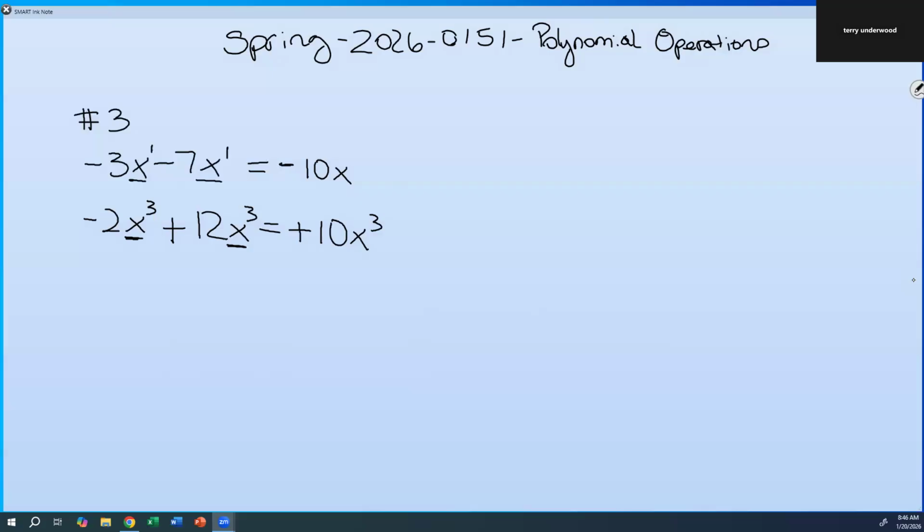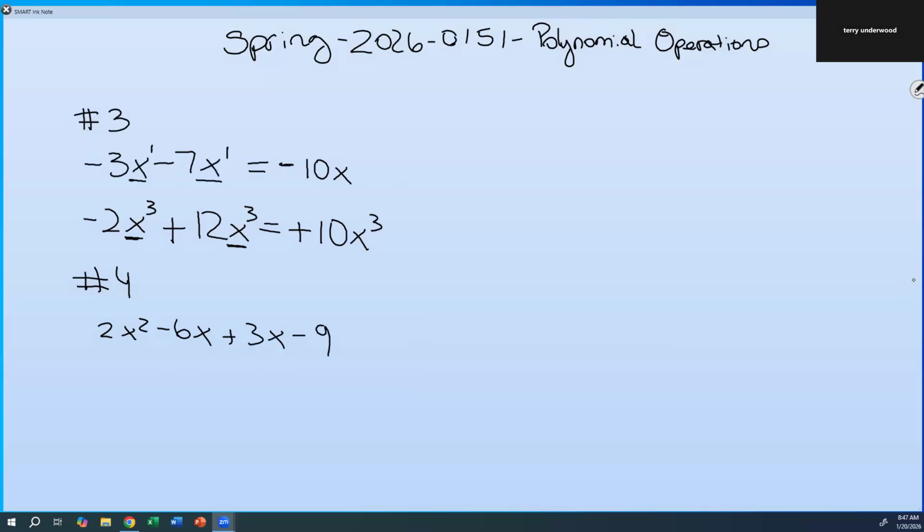In this example 3, I gave you two terms being subtracted and two terms being added. But what happens if you have more than two terms, like this one? You have 2x squared minus 6x plus 3x minus 9.